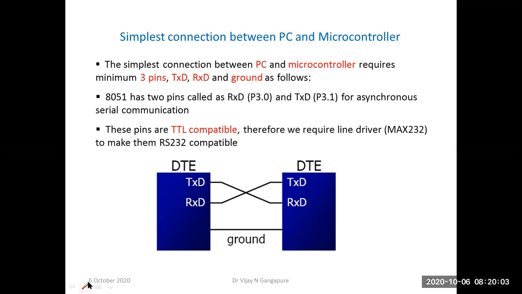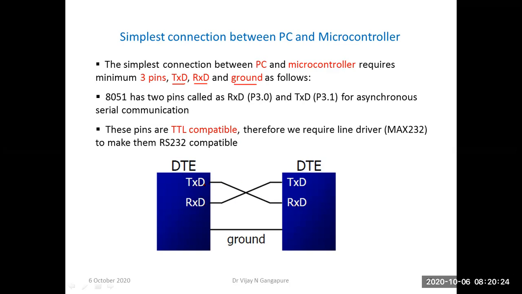That is the TXD pin, RXD pin, and ground. And that is shown here. So these are two DTEs. These are connected via these 3 pins. TXD of this DTE is connected to RXD of the other DTE.